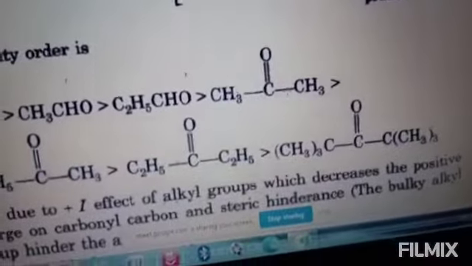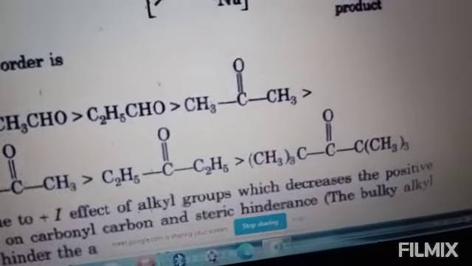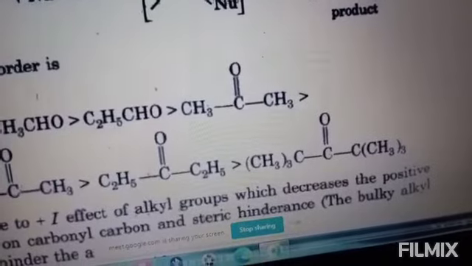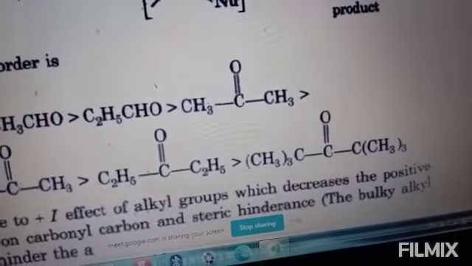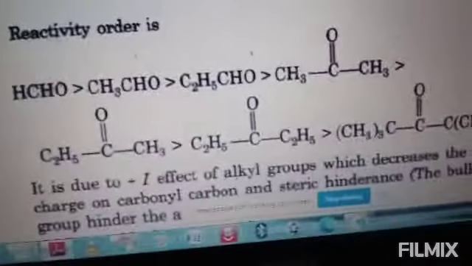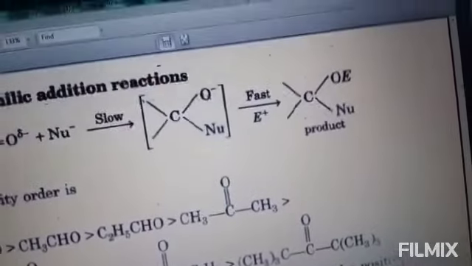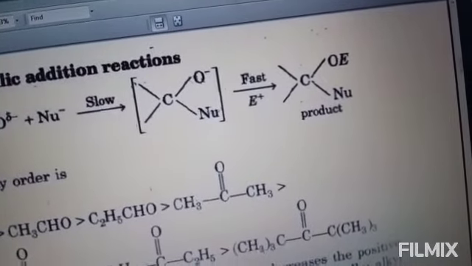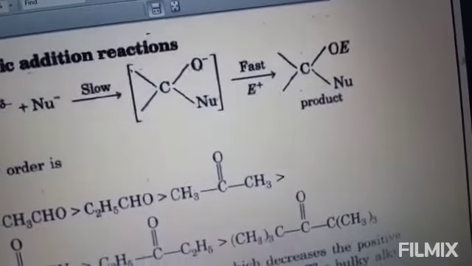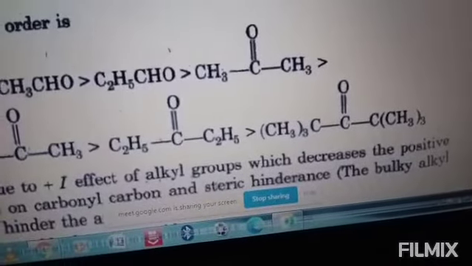After ketone you have the next compounds, where the first one, C2H5COCH3, is unsymmetrical, then another one is symmetrical, and the last one is also symmetrical. Like this we have the reactivity series.